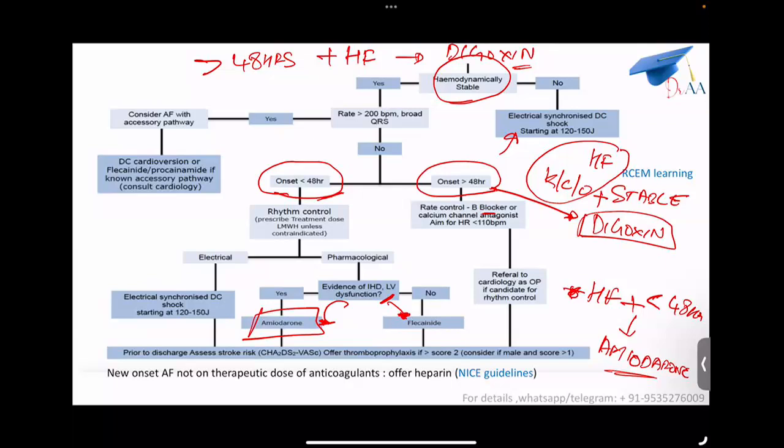Crescendo, decrescendo murmurs is difficult. Usually you get a crescendo murmur if it is a stenosis. Regurgitation is a decrescendo murmur.